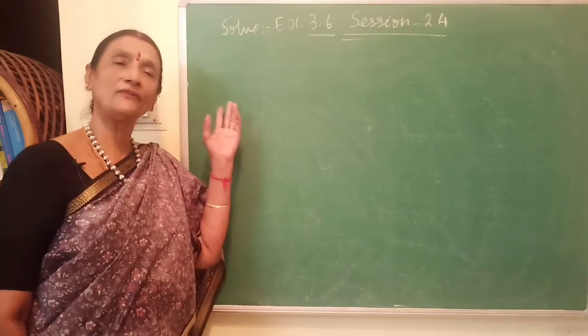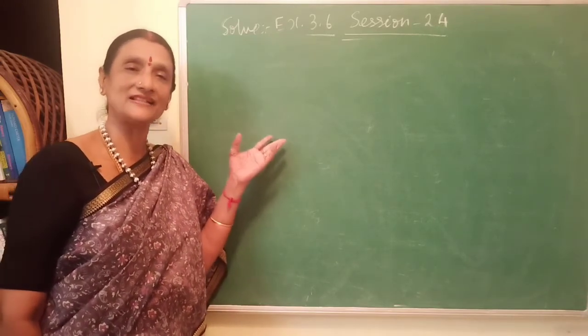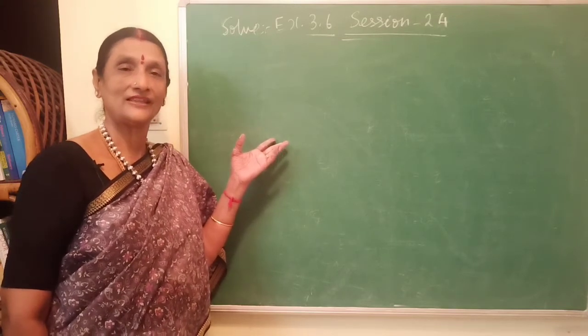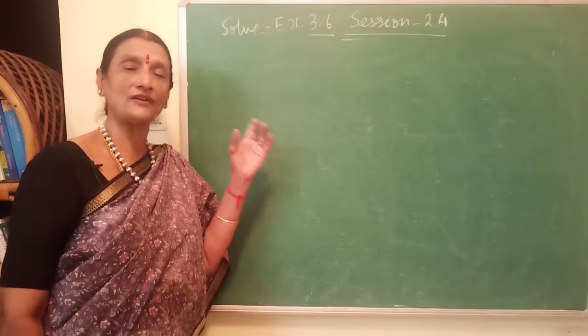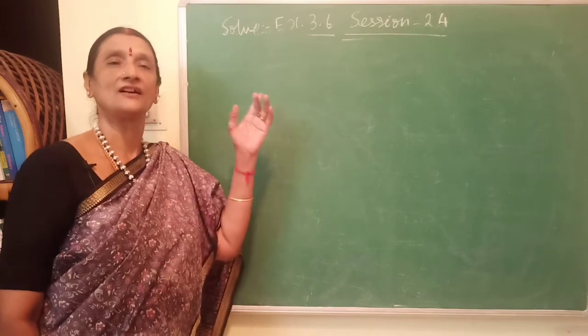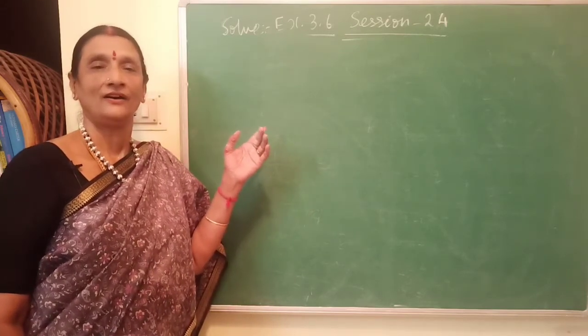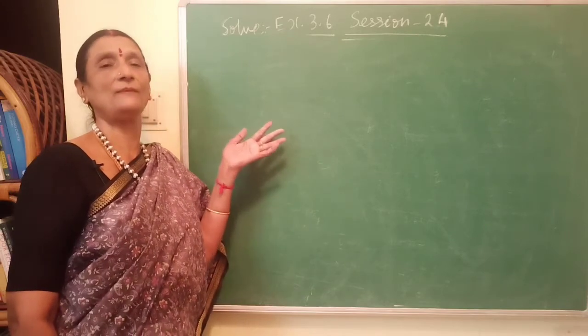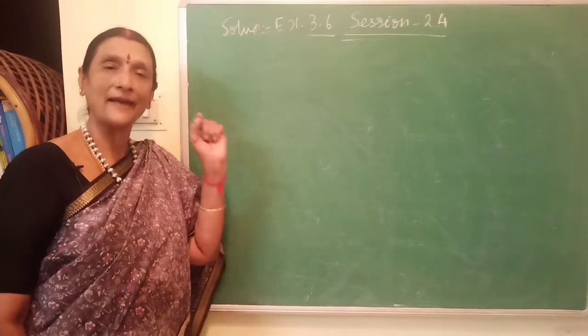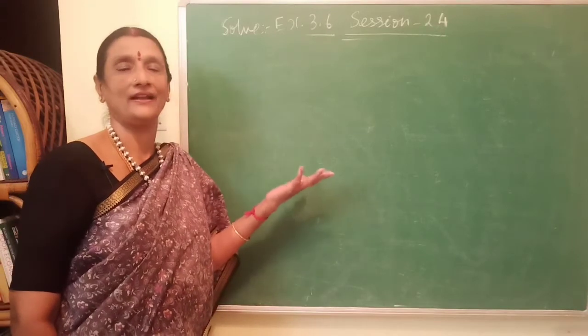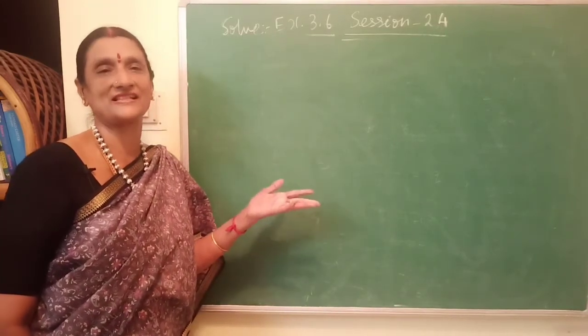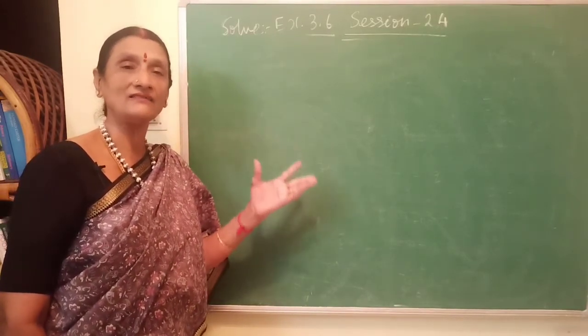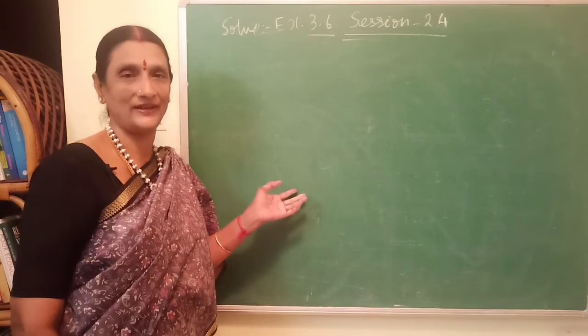Now even if you look at the 8 sums in this exercise, the degree of the variable is not 1. It is minus. When it comes to the fraction, the degree will be -1. But what happened? You modified, you brought out some changes, and then converted them into linear equations.